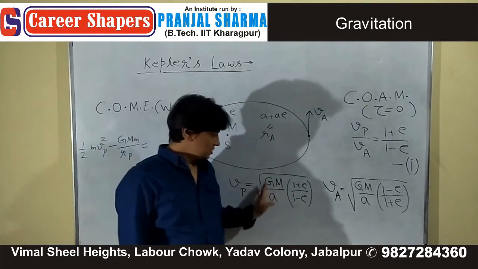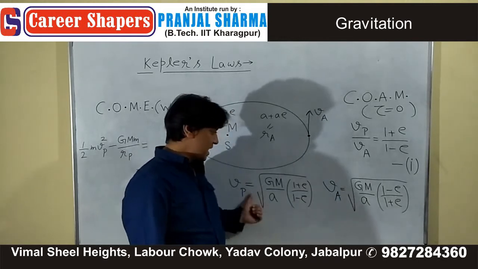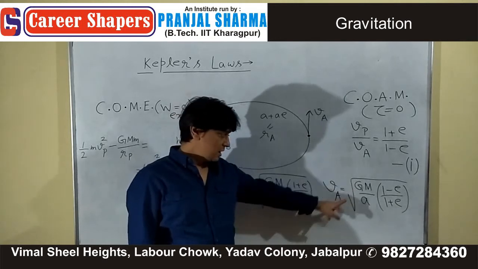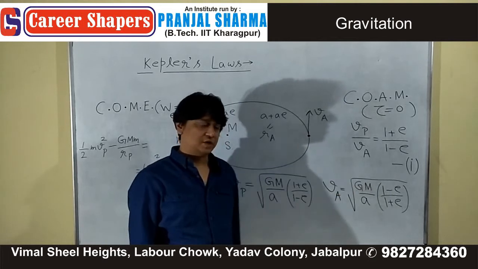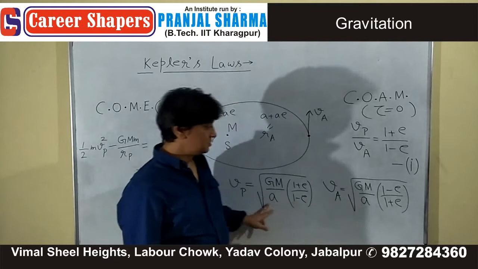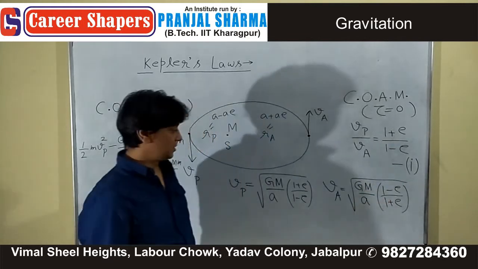So this should be greater than Va. And therefore, in perigee, the numerator is 1 plus E. Velocity at apogee, the numerator is 1 minus E. Take the ratio of these two, it's coming 1 plus E upon 1 minus E.